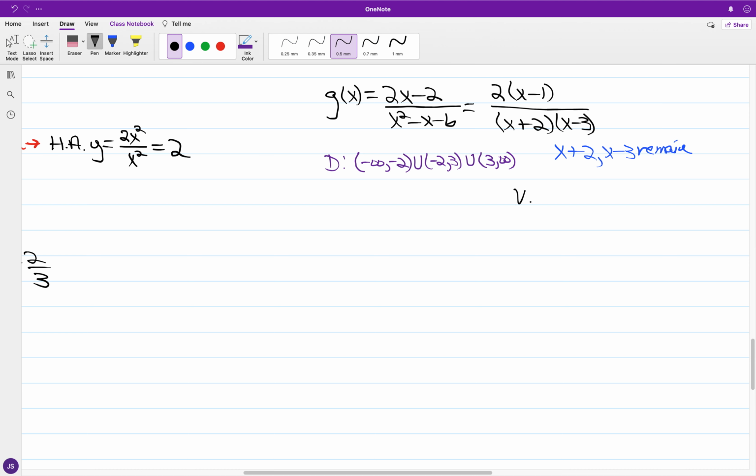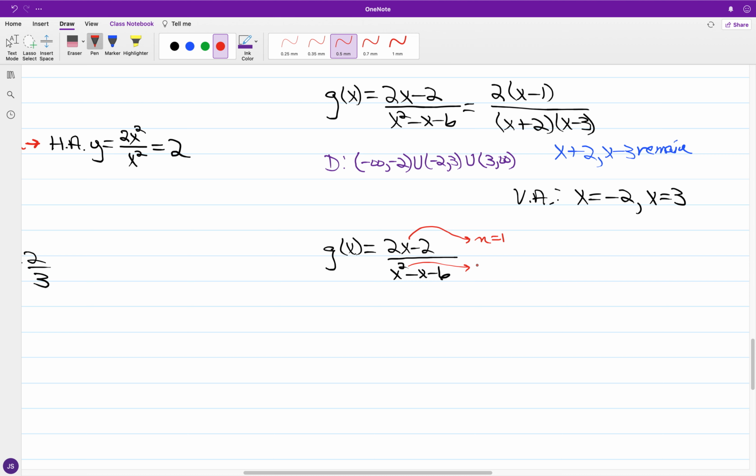And so we have for the vertical asymptotes, x equal to negative 2 and x equal to 3. And looking at comparing degrees, in the numerator we have n is equal to 1.